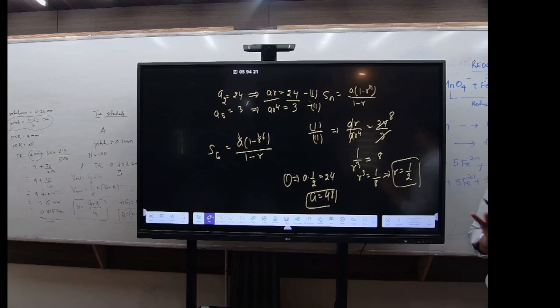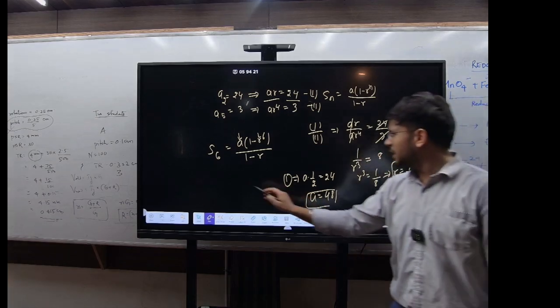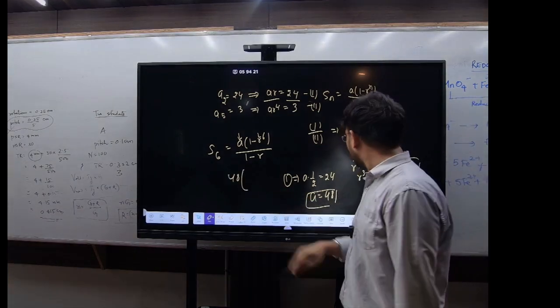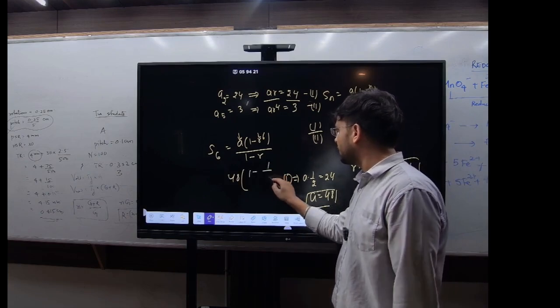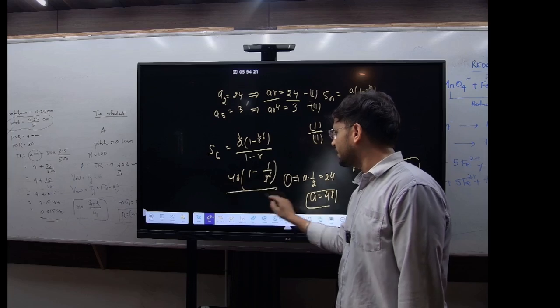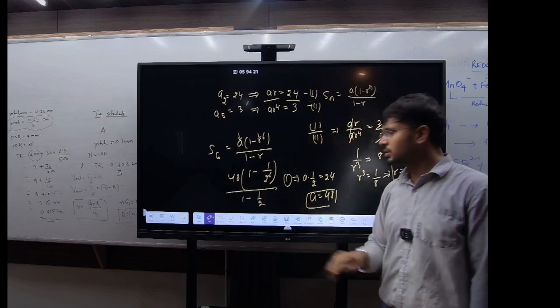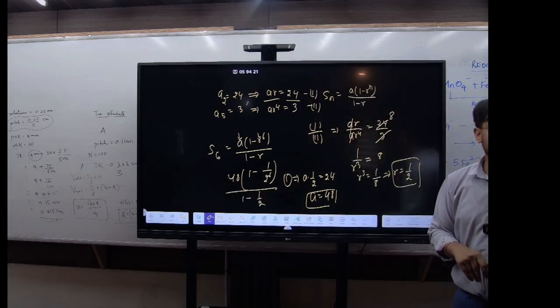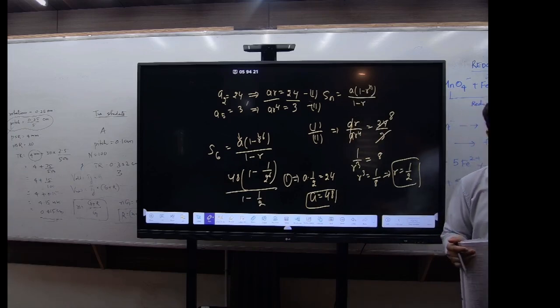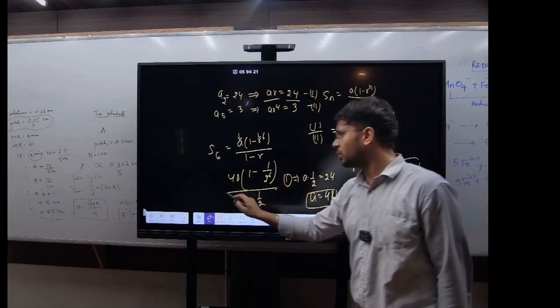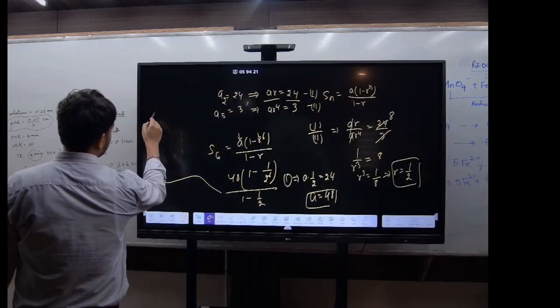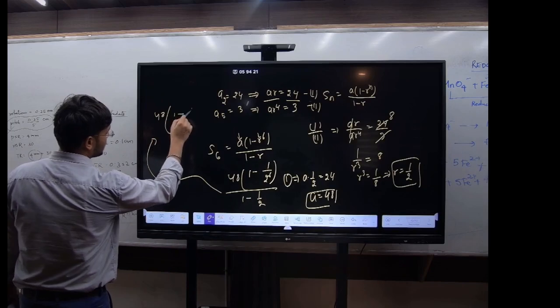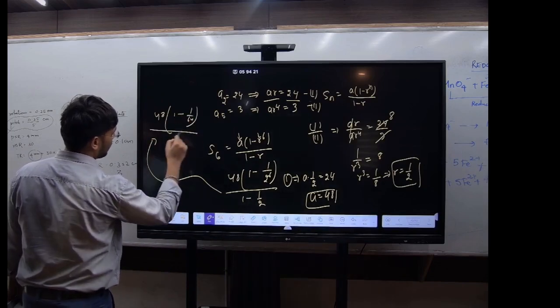Yes or no? I got A, I got R. Now put the values. A is 48, R is 1 by 2. So 1 minus 1 by 2 to the power 6, divided by 1 minus 1 by 2. 2 to the power 6 is 64, so this is 1 by 64. So 48 into 1 minus 1 by 64, and the denominator will be 1 by 2.